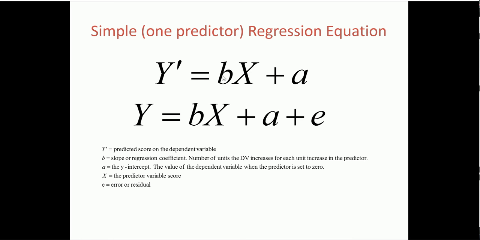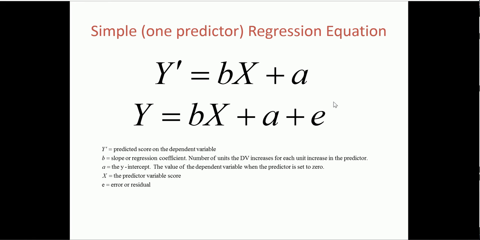So b is what's called the regression slope, or more specifically the unstandardized regression slope. It is literally the number of units the criterion, or DV, increases for each 1 unit increase in the predictor, where X is the predictor. a in this equation is the y-intercept, or alternatively, the predicted score for the criterion when X, your predictor value, is set to 0. It's also sometimes called the constant.